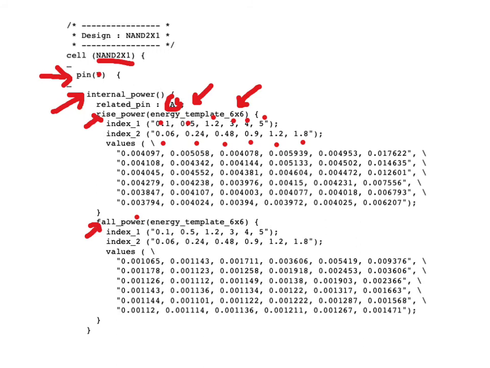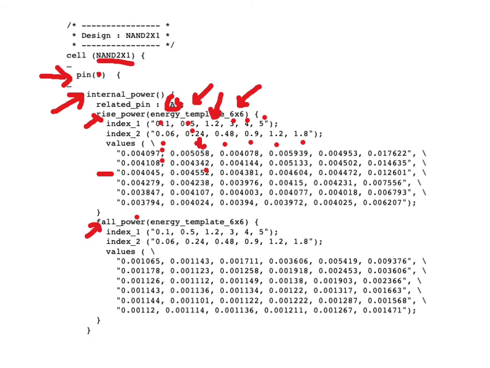And these power values here, so for instance, let's take this power value. This is at row 3, corresponding to 1.2 picofarad output capacitance, and column 2 corresponding to 0.24 nanosecond transition time.